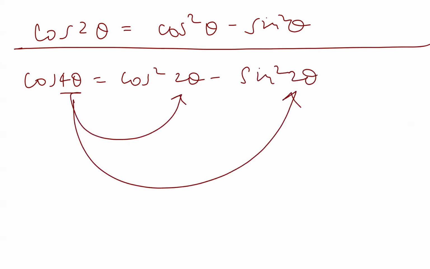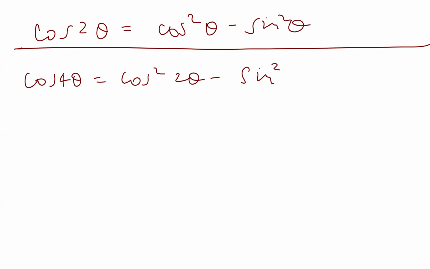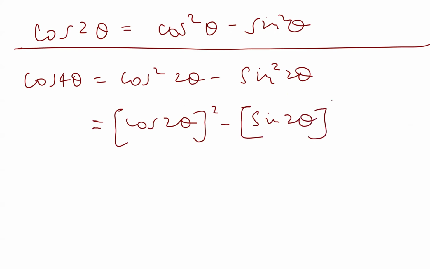Okay. Now they're asking to express the same thing in terms of theta. So first I'm doing this. I'll take the squares outside. Now put the formula. What is cos 2 theta? You have 4 formulas. You can put any one, but avoid the tan formula.